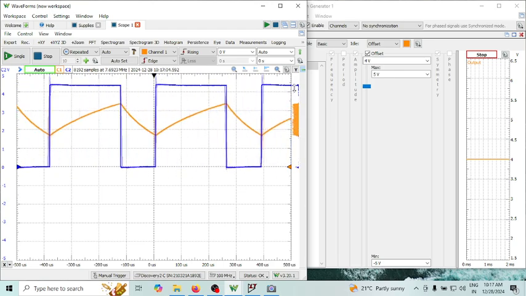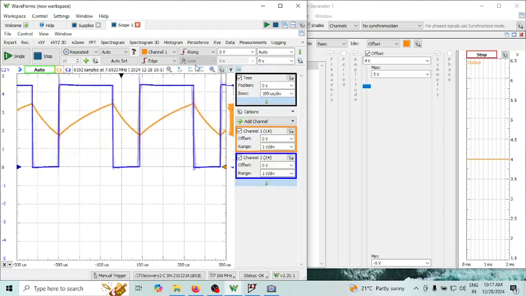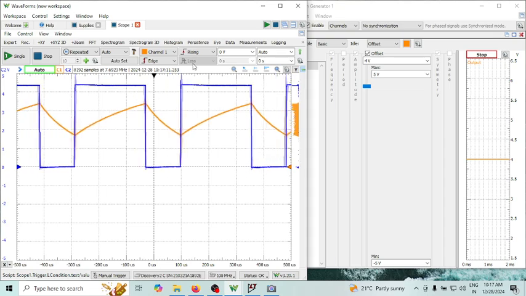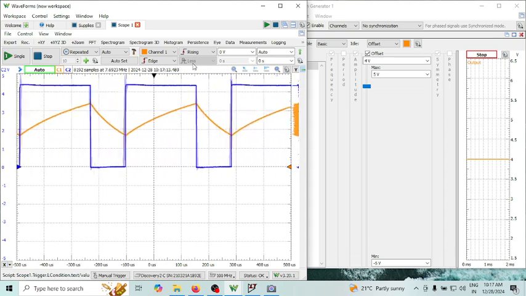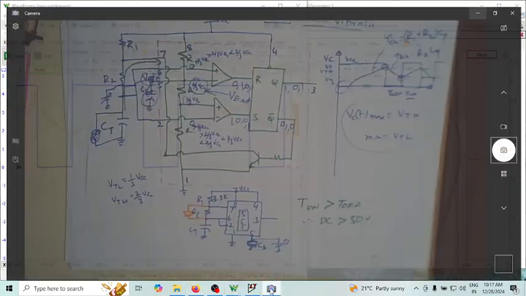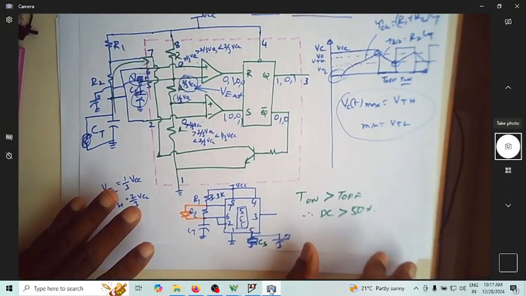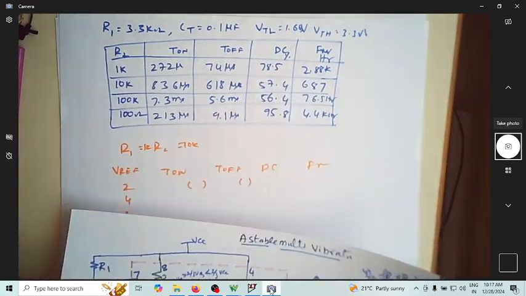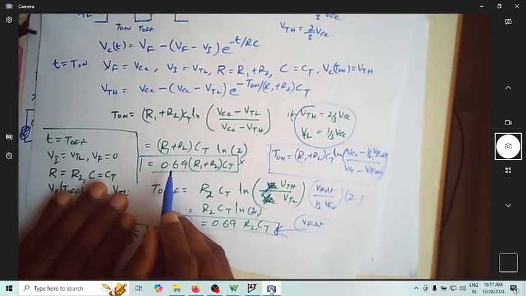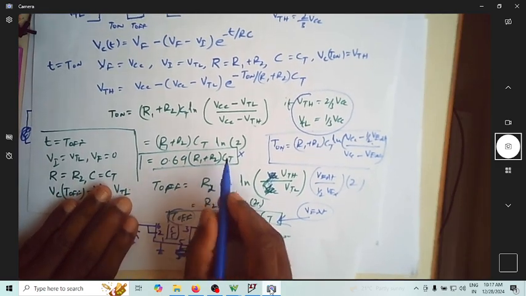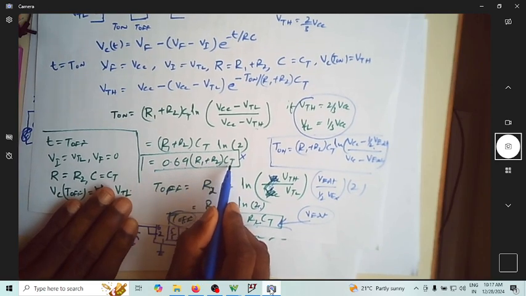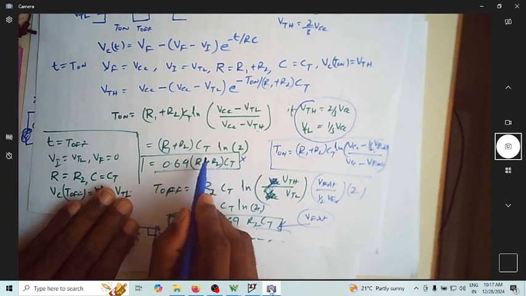So now what I'm trying to do is get any duty cycle for that matter. Now my on time and off time expressions will become, let me show you. This was our T on, T off expression. When I removed the control voltage, the T on was 0.69 (R1 plus R2) CT, and T off was 0.69 R2 CT.